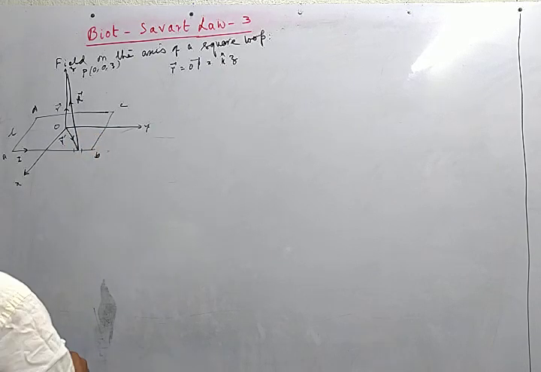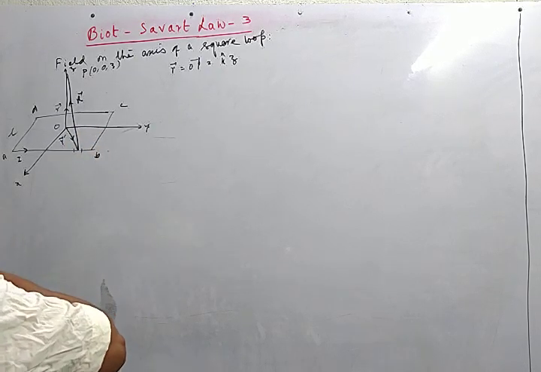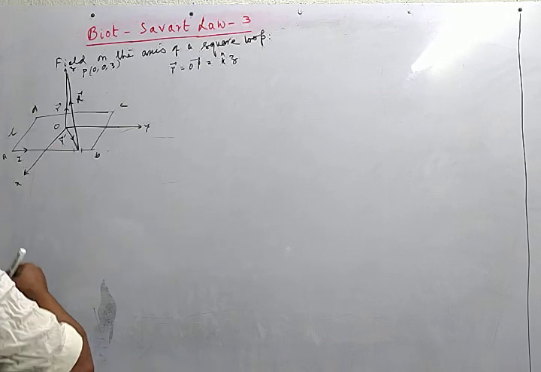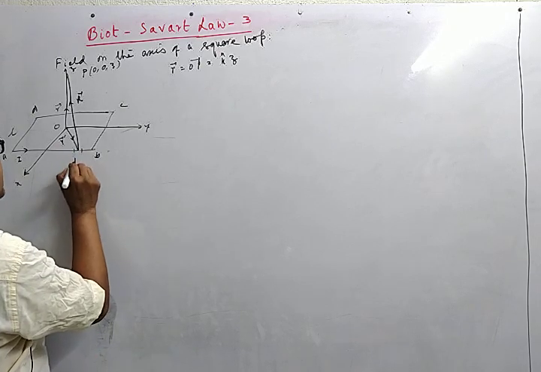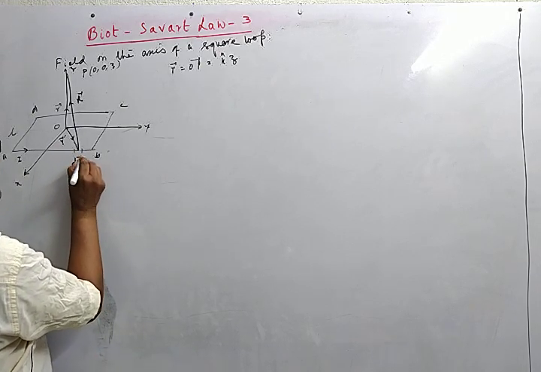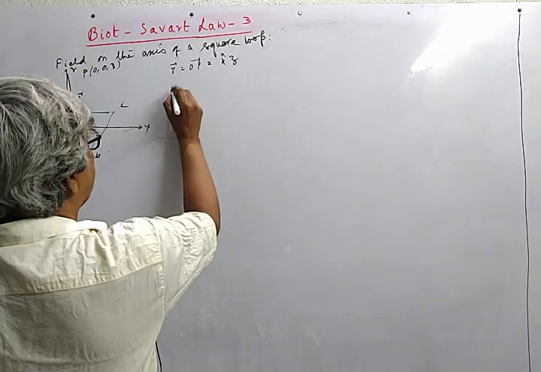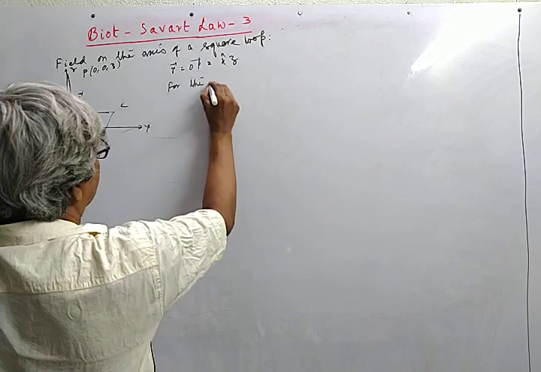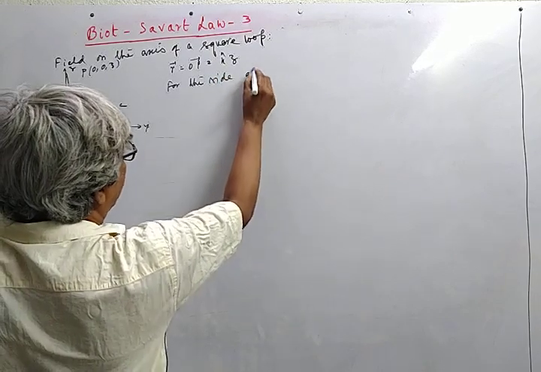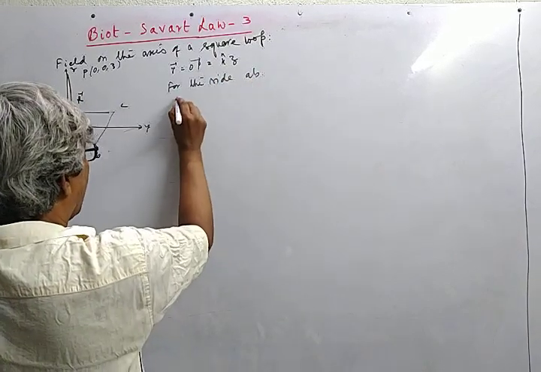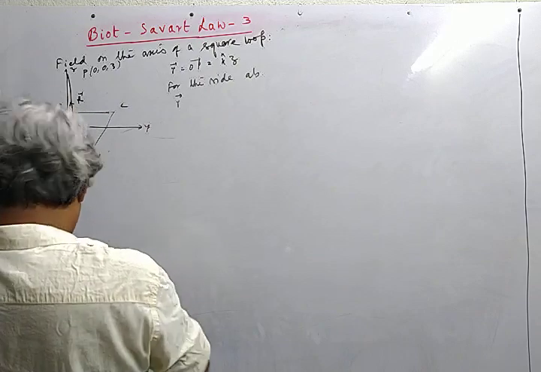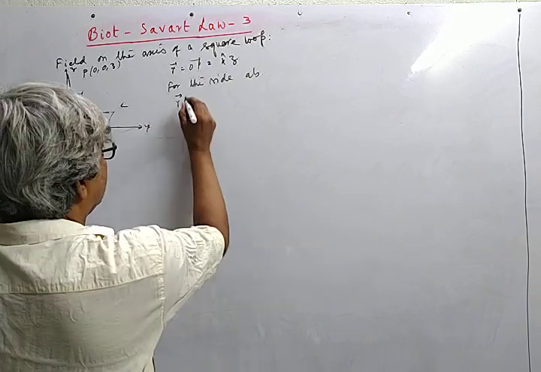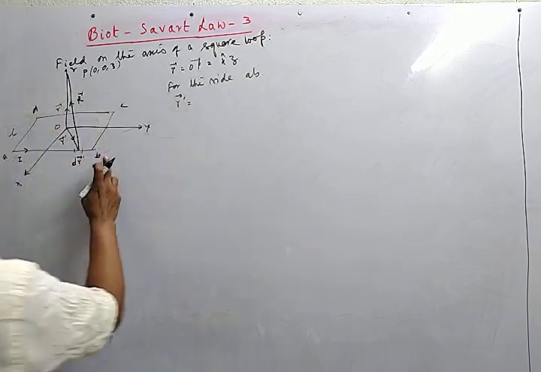And if we consider the length element, consider the arm AB, r prime is equal to this length.